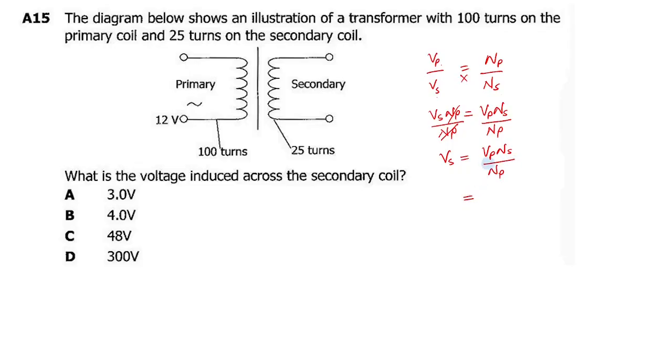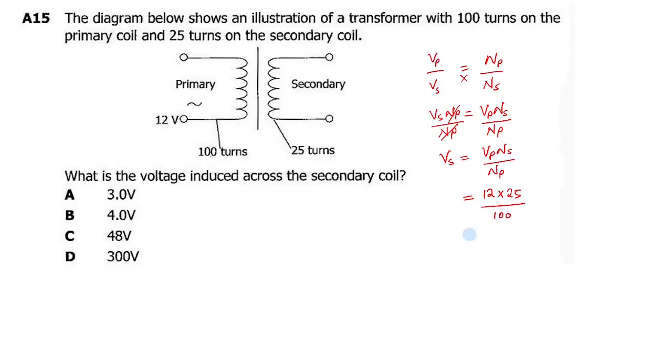The voltage in the primary is 12, so 12 times Ns, the number of turns in the secondary, which is 25, over Np, the number of turns in the primary, which is 100.